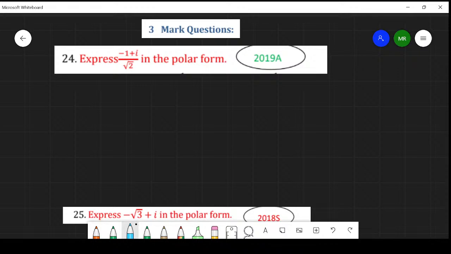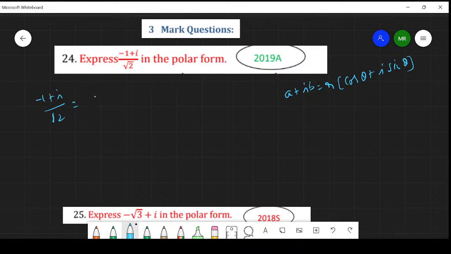So, express -1 plus i by root 2 in polar form. Generally, polar form means if you take any complex number a plus ib, when I write r into cos theta plus i sin theta, this is called polar form, where r is modulus and theta is amplitude. The given complex number is -1 plus i by root 2.